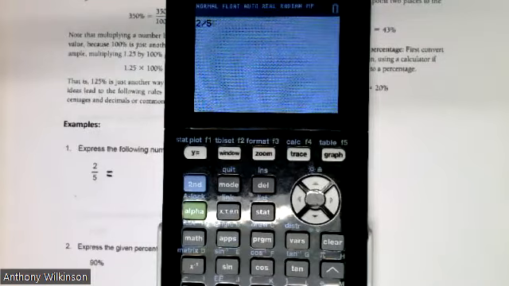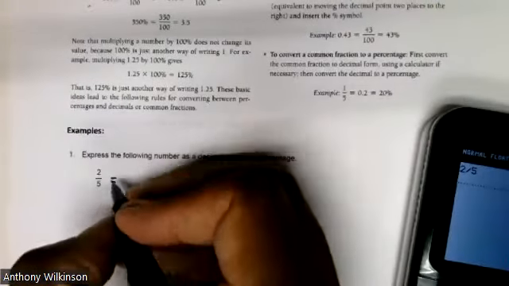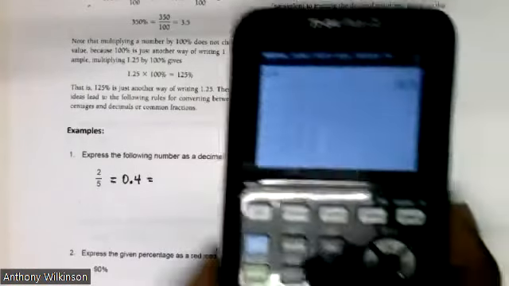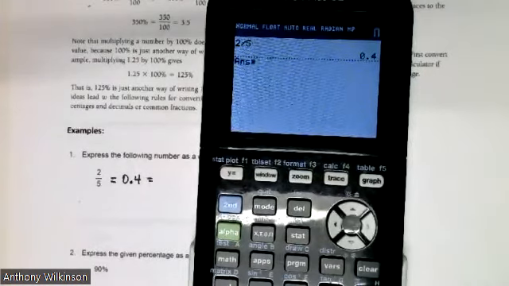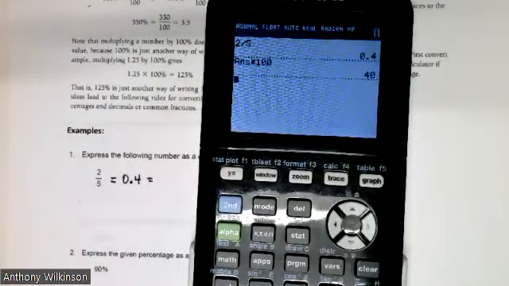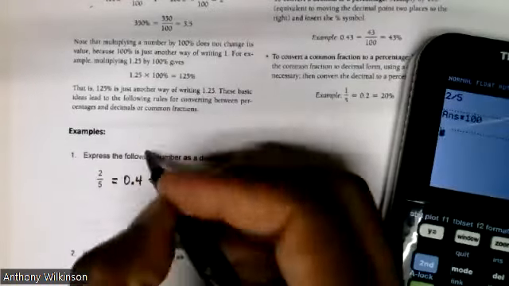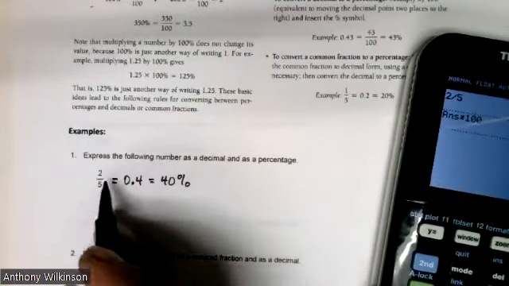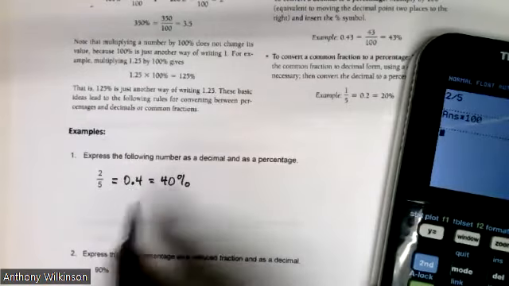So 2 divided by 5 will give you the decimal of 0.4. Now, as a percentage, you can take 0.4 and simply multiply by 100 and include the percent sign. That would give you 40%. So 2/5 as a decimal will be 0.4, and 0.4 as a percentage will be 40%.